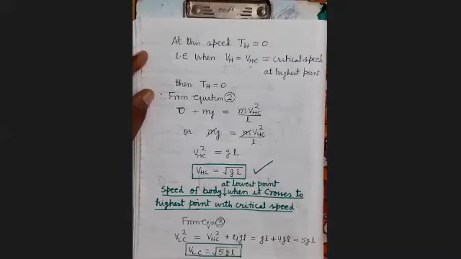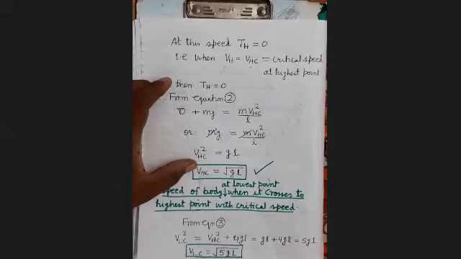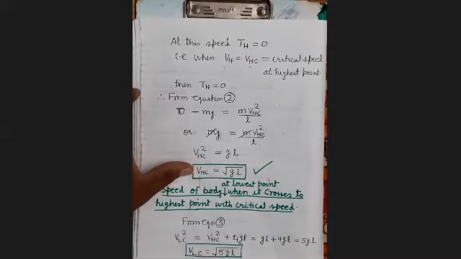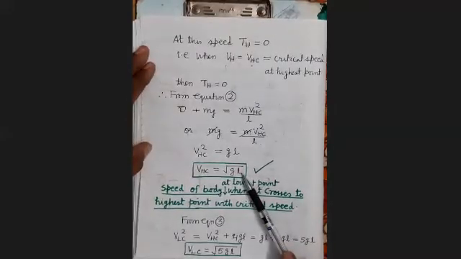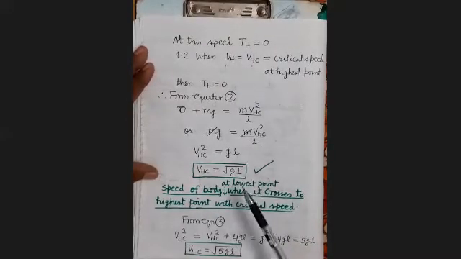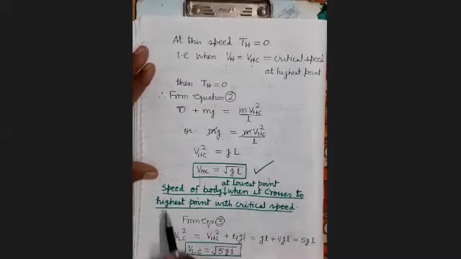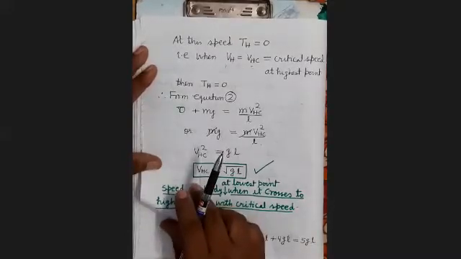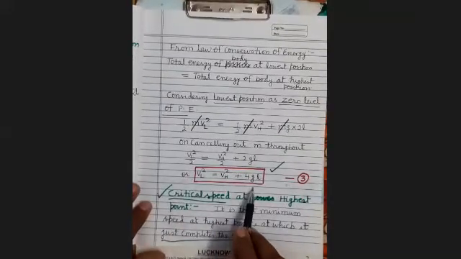It's clear? Now, one more thing. When the body crosses the highest point with this speed, then what will be its speed at the lowest point? Speed of body at lowest point when it crosses the highest point with critical speed. So see here, just now you have got one relation: VL square equals VH square plus 4GL.